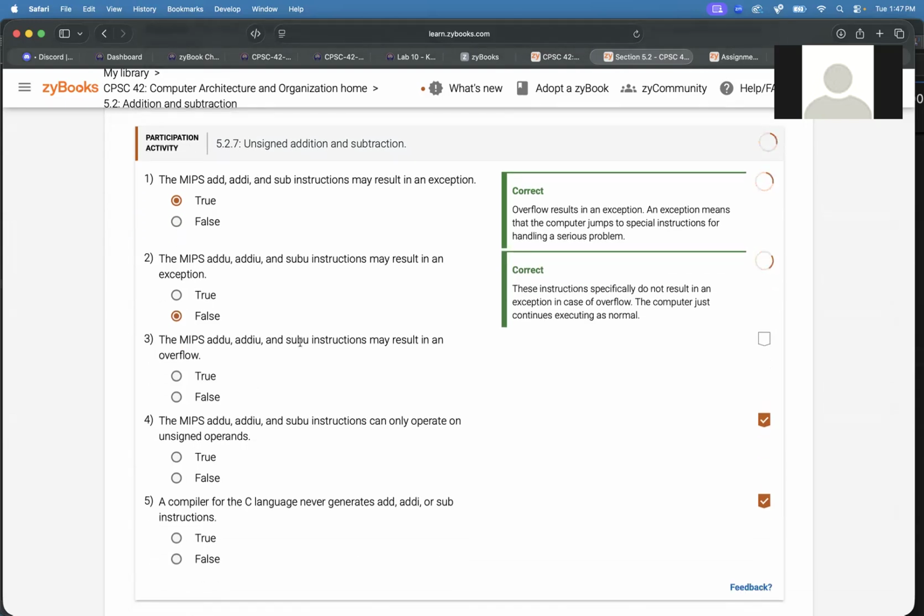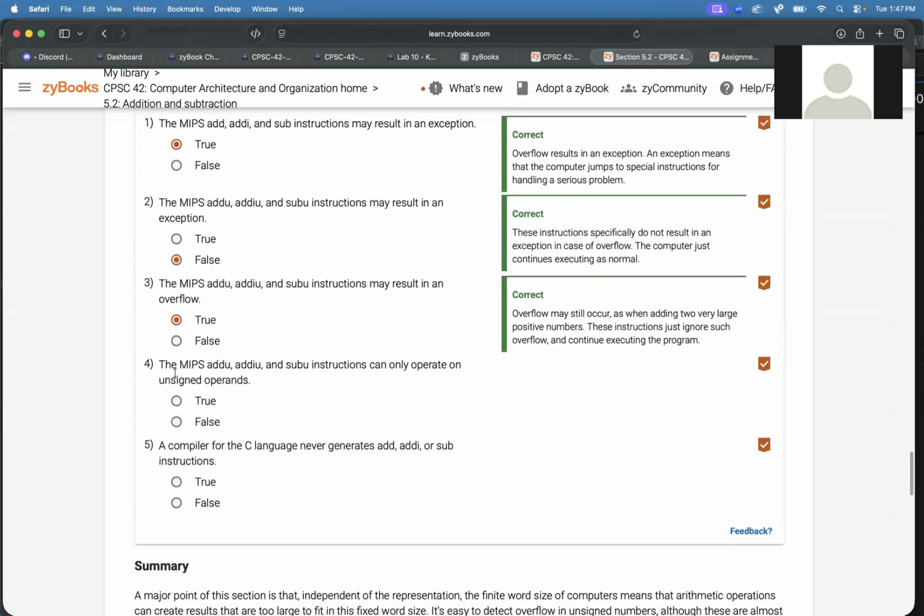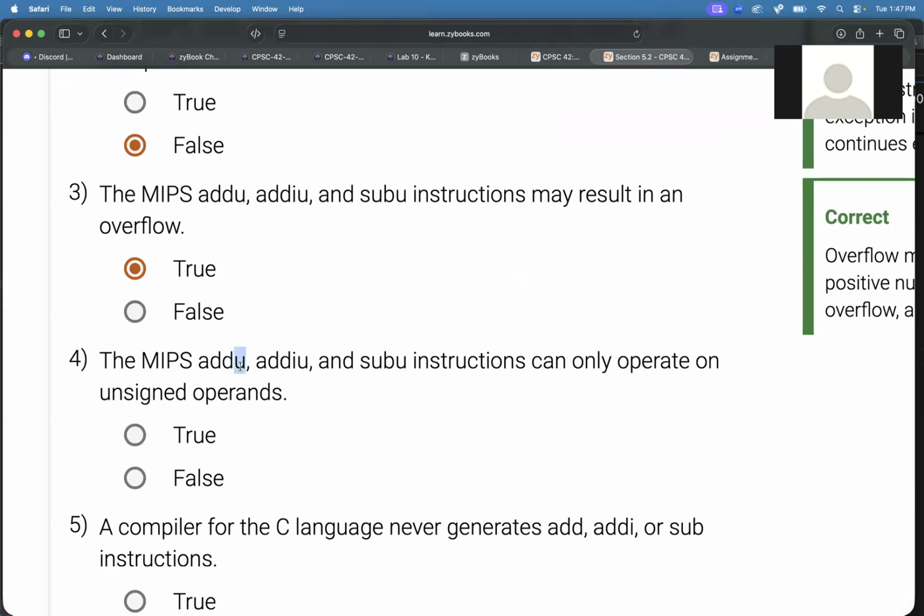These can result in an overflow. I mean, any of them can result in an overflow, but I don't know what they meant there. The MIPS instructions only operate on unsigned operands. Yeah, so the U means unsigned, but you can still use the instructions even if your data is negative.